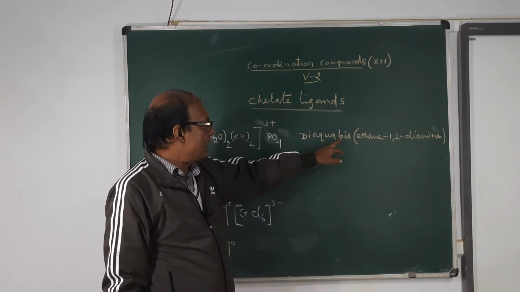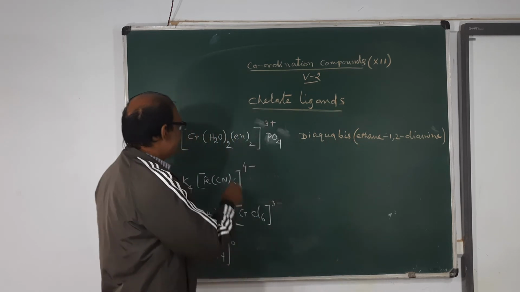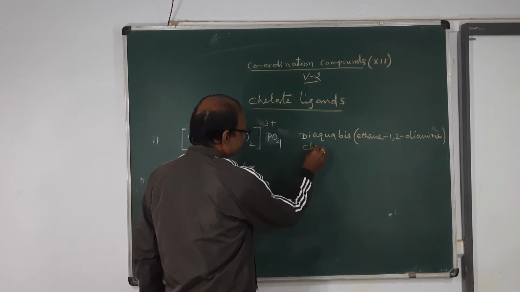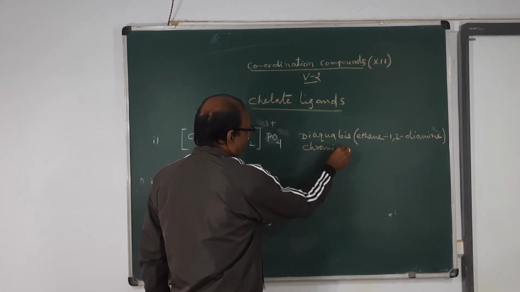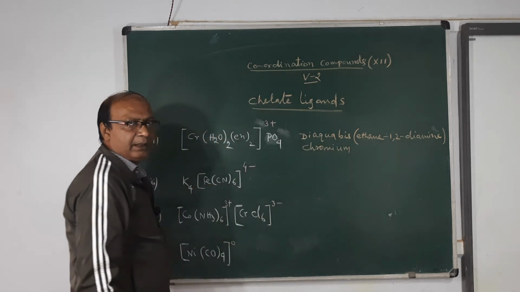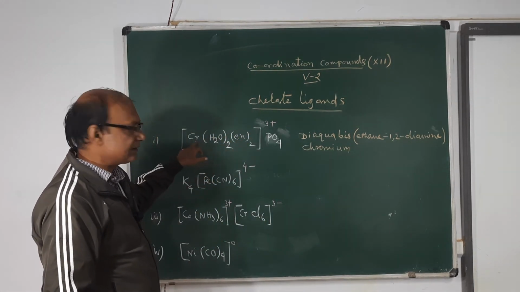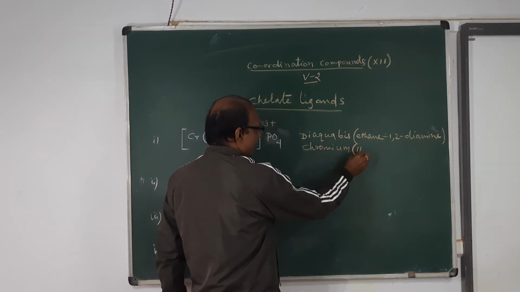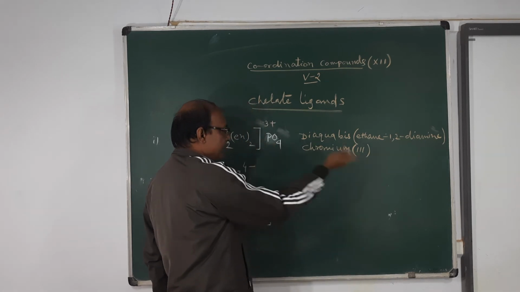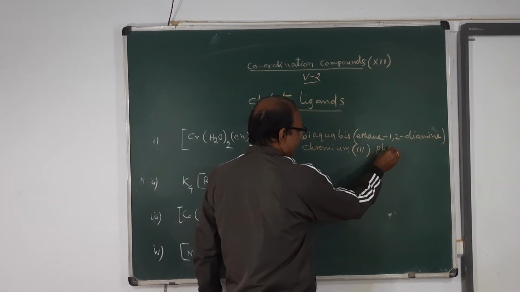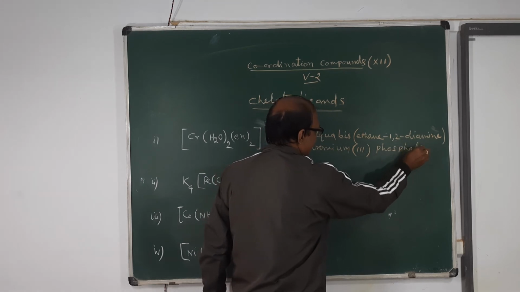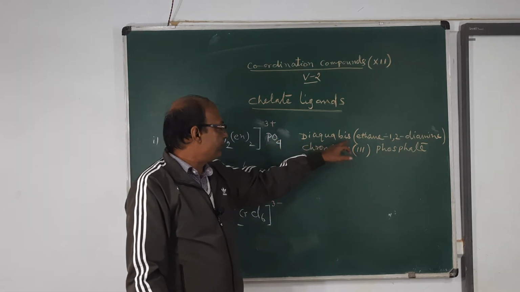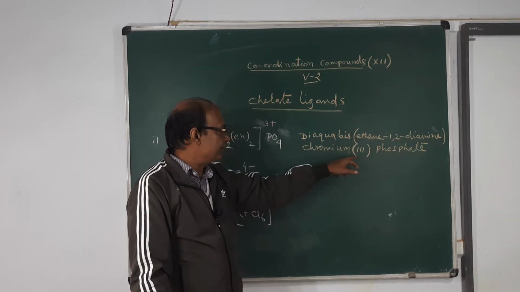So diaqua bis(ethane-1,2-diamine), then the name of the central metal, chromium, then write its oxidation number in Roman numerals, III. So chromium(III), and then write the name of the counter ion, phosphate. This is the IUPAC name of this complex: diaquabis(ethane-1,2-diamine)chromium(III) phosphate.